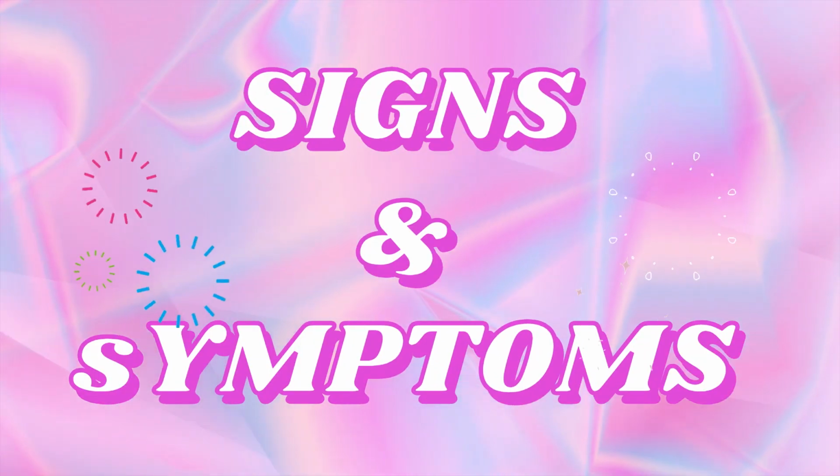However, uncontrolled type 2 diabetes may lead to another acute problem, which is called hyperglycemic hyperosmolar syndrome. We normally call it HHS.